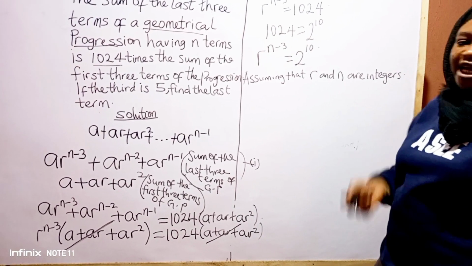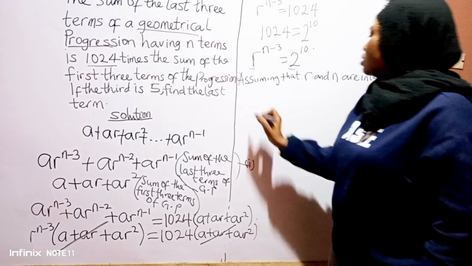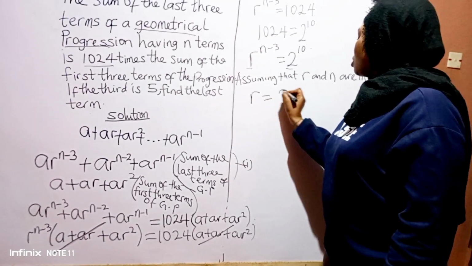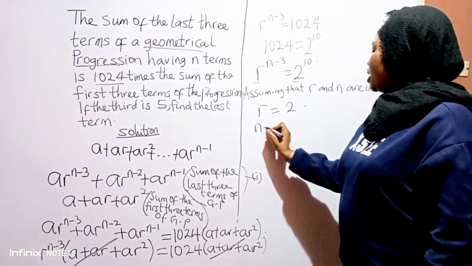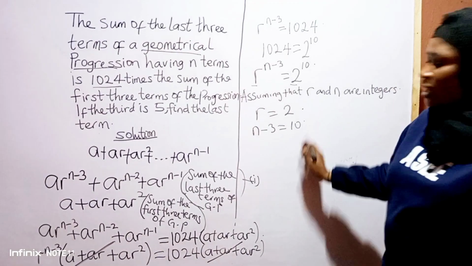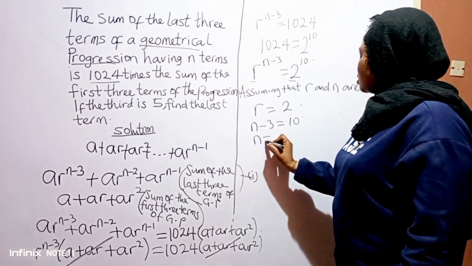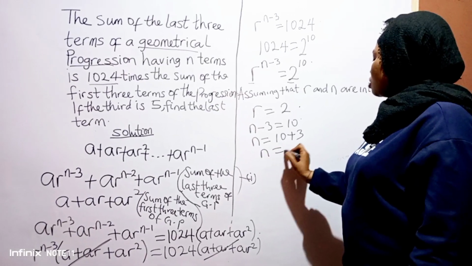So invariably I can say that r is equal to 2. Then the exponent n minus 3 is equal to 10. So n is equal to 10 plus 3, so n is equal to 13.